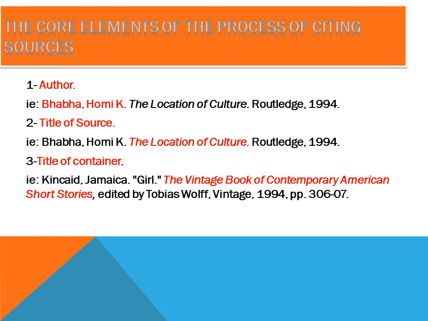For instance, in our example, we have here the short story Girl located in the container, which is a collection of short stories. It is entitled The Vintage Book of Contemporary American Short Stories. And you have to note that a comma must follow.